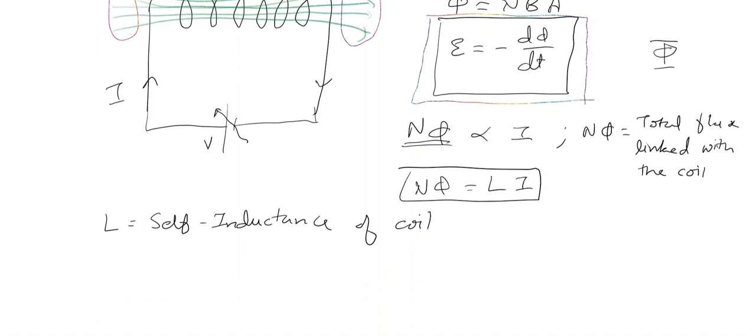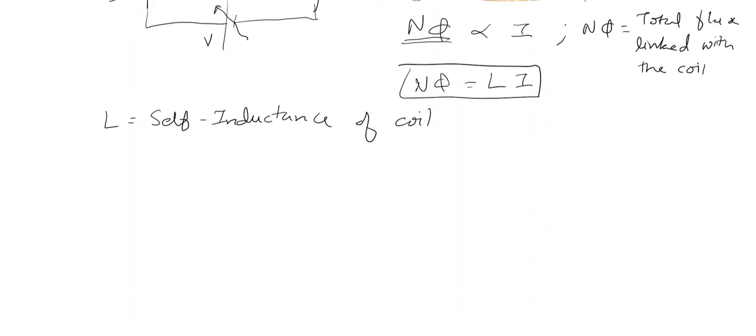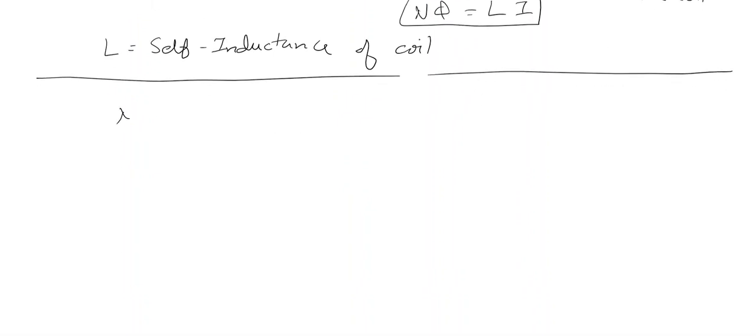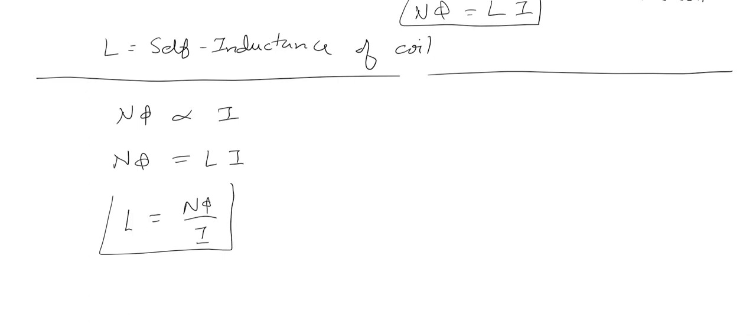Okay, and now if I make L subject of formula, what I get is, let me write the equations again. So, total flux linked with the coil is proportional to current passing through it. Remove proportionality, and you have constant, that is self-inductance of the coil, make it subject of formula, and you have n phi by I. So how do I define L?